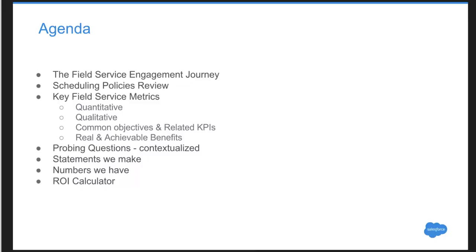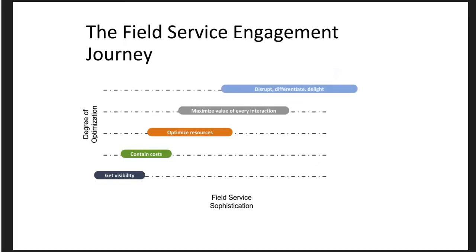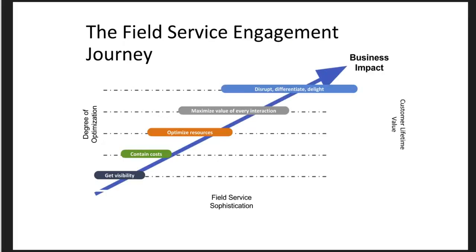So let's dive in. The field service engagement journey is a really interesting concept coined by Click Software and is very relevant for Field Service Lightning customers. It's an evaluation, and it's usually a conversation topic with your customer about how complex and sophisticated their field service operation is, and the current and desired degree of optimization of that operation.